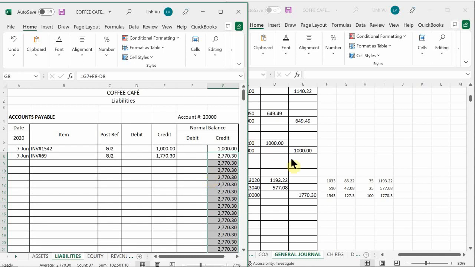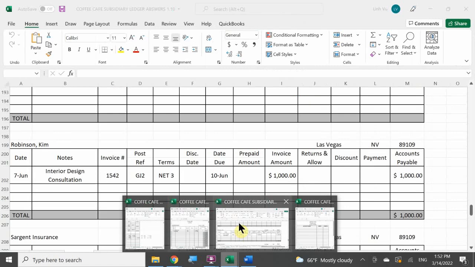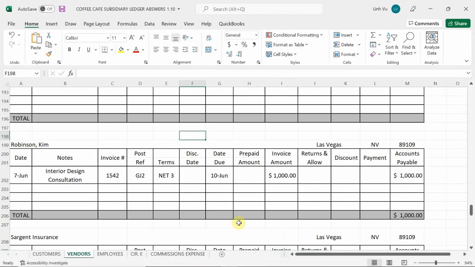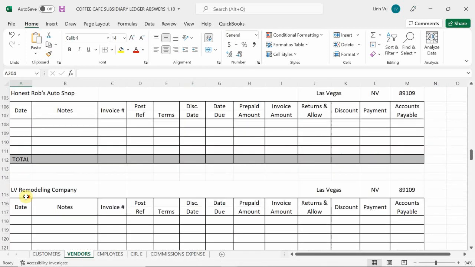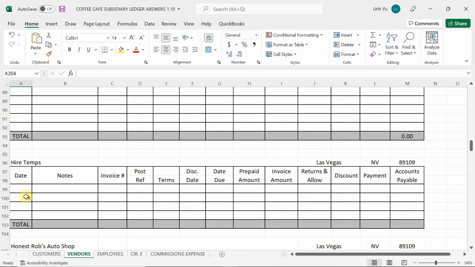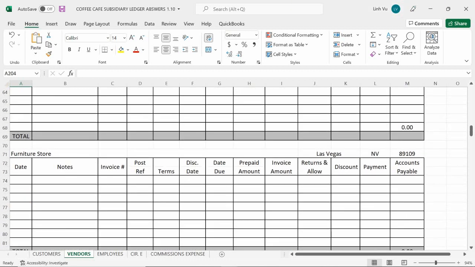Okay. So now that I have this here, we finish our journal, we finish our ledger. Last but not least, we need to deal with our vendor because now I owe furniture store some money. So, subsidiary ledger. Here's furniture store.